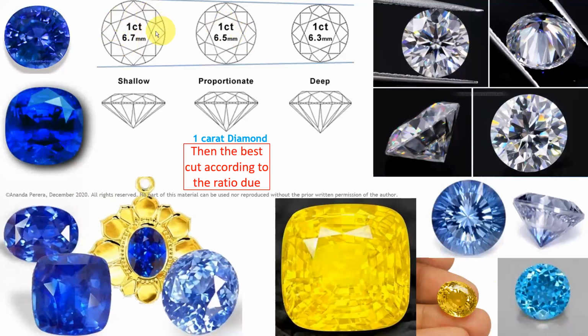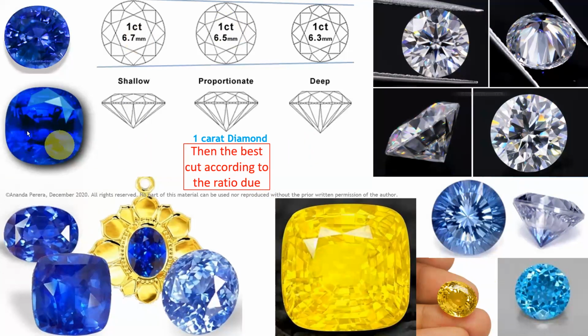This is a little bit bigger, but it is only 1 carat. Big face, but light leak there. Here also light leak. The complete luster is not here and here. Here, complete luster is there. Then the best cut according to the ratio. So understand this well. This is the cut we need to find.